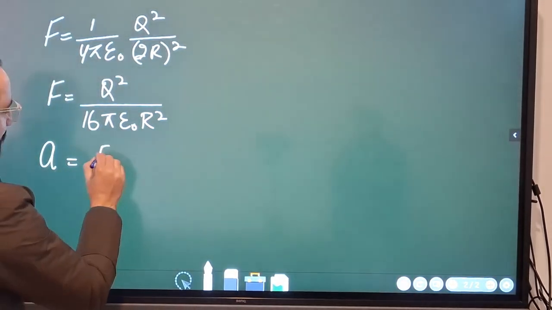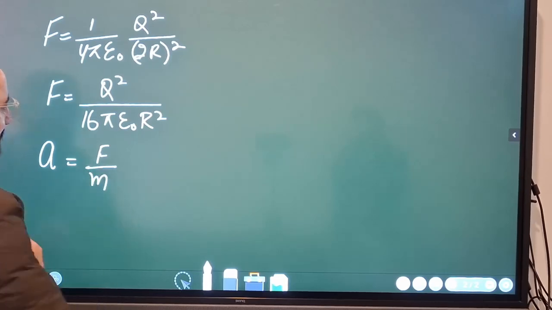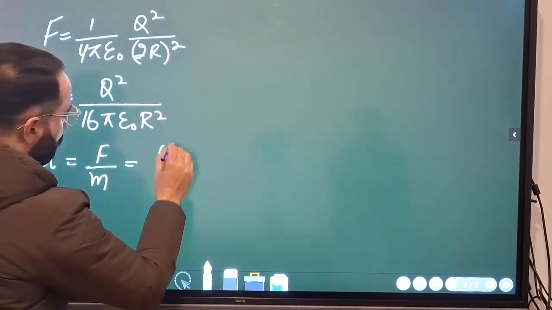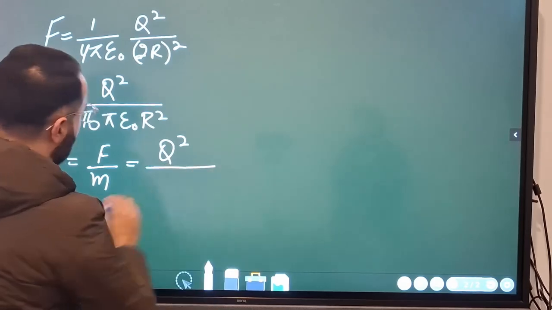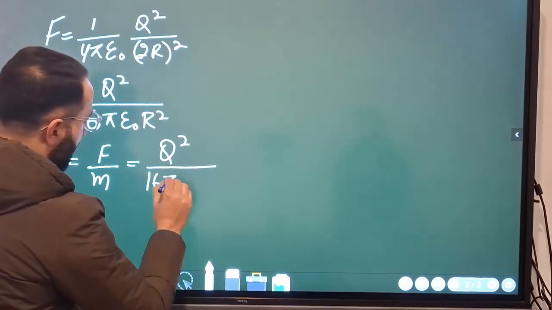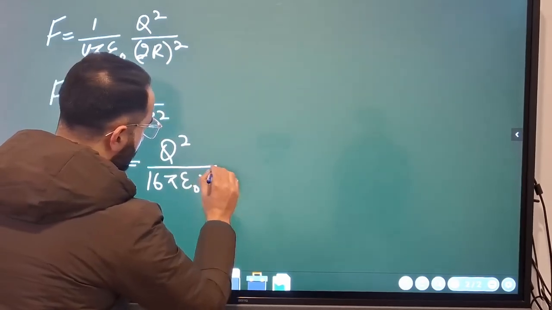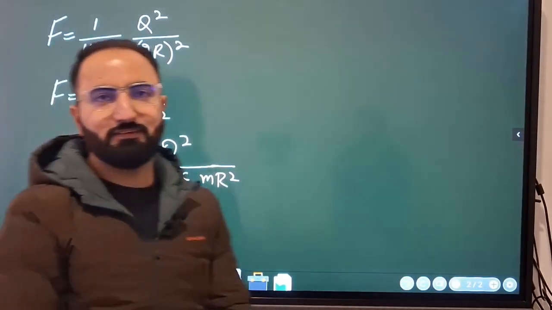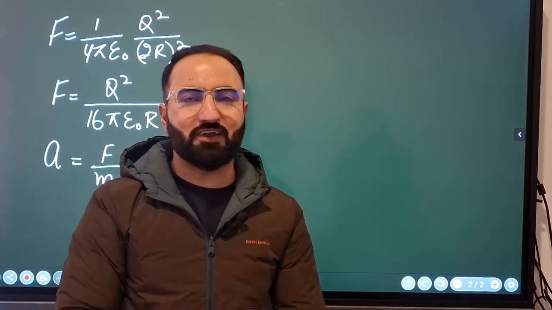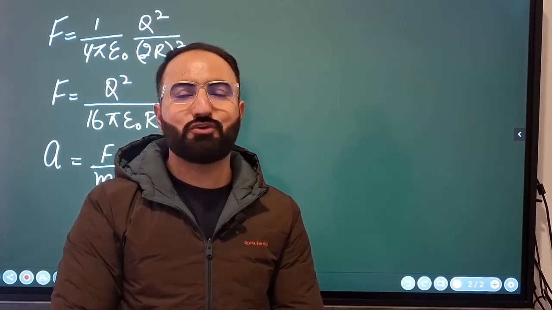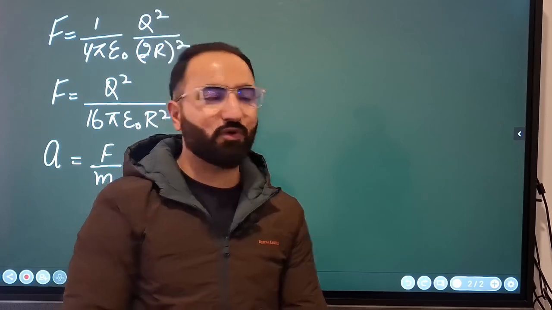That should be equal to F divided by m, Newton's second law. So that will be equal to Q square divided by 16 pi epsilon naught multiplied by m into R square. This will be the acceleration of the particle, or rather it is the substitute for the acceleration due to gravity.